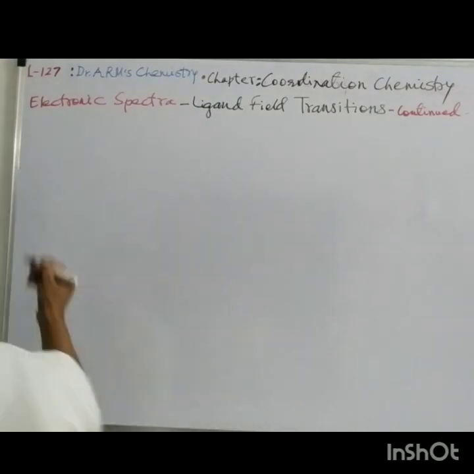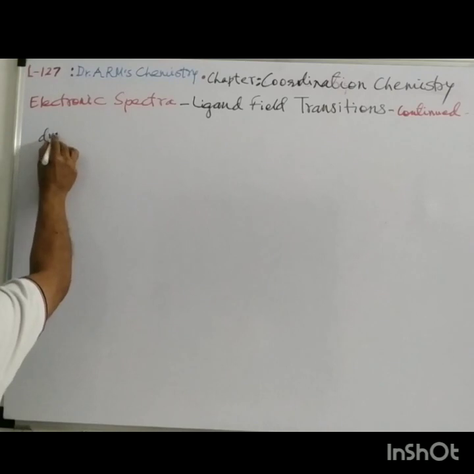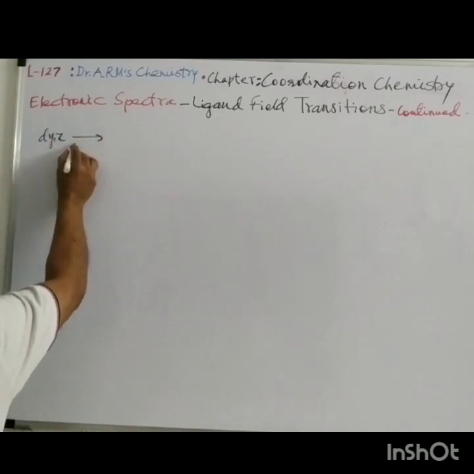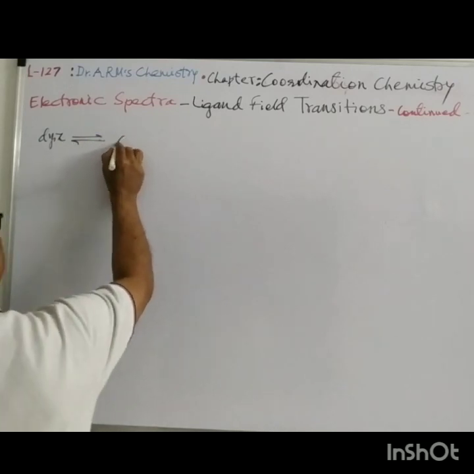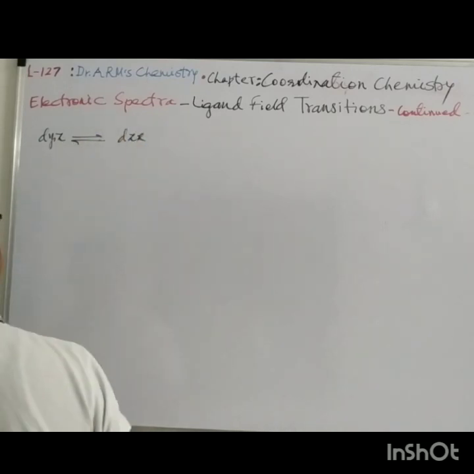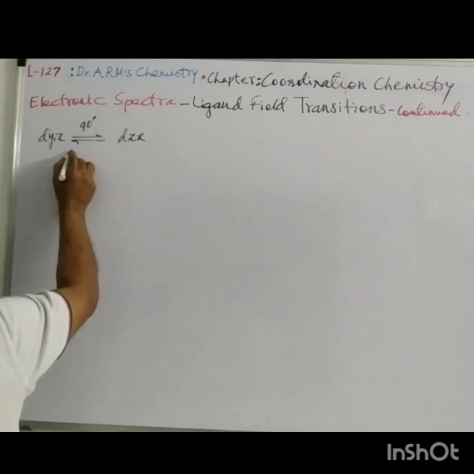Now we will see the other two orbitals, that is, dyz changes into dzx after 90 degrees rotation.